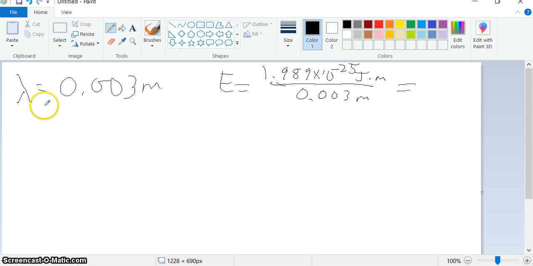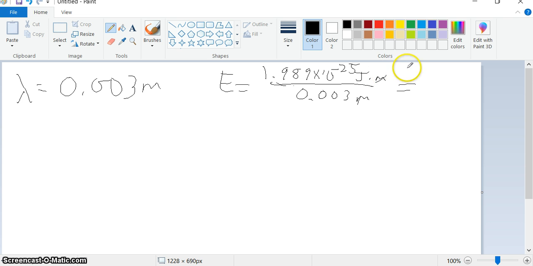So you get a wavelength of 0.003 meters, and then if we use Planck's constant times the speed of light in meters per second, you get this constant, 1.989 times 10 to the minus 25th joules times meters, and the meters cancel.